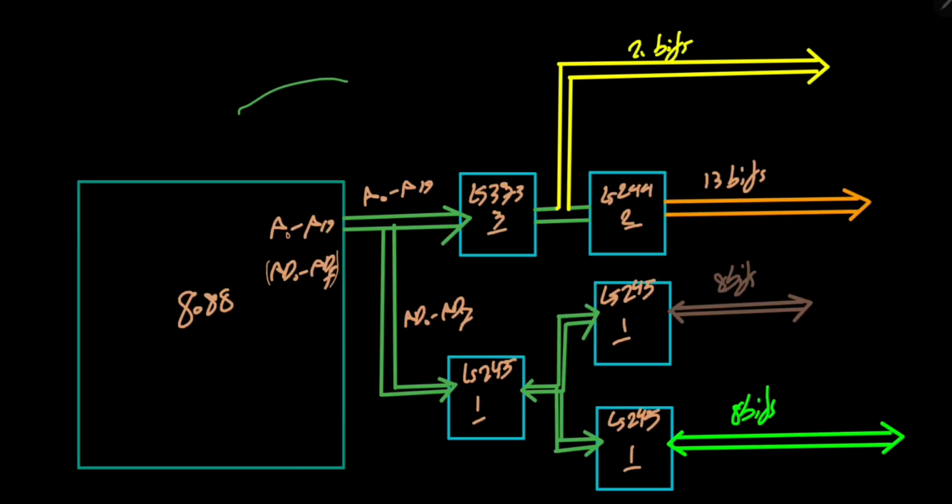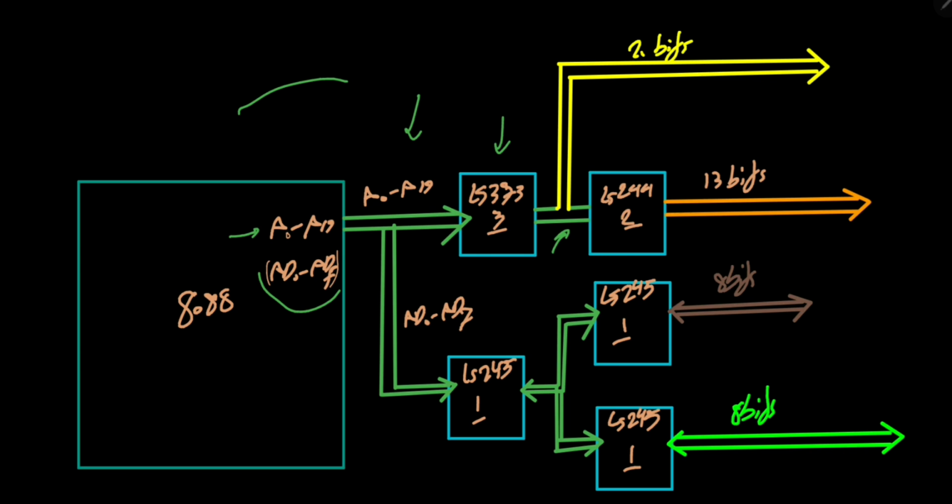This is a simplified version of what I have already explained. The processor generates A0 to A19, where 8 of them are actually called AD0 to AD7 because they are multiplexed between address and data. These addresses go through three latches, or one set of LS373, to create another set of wires.